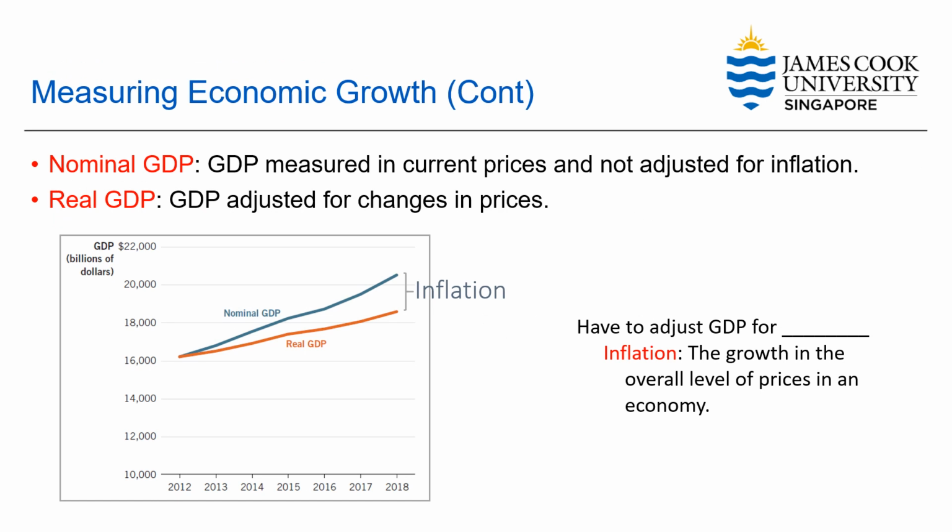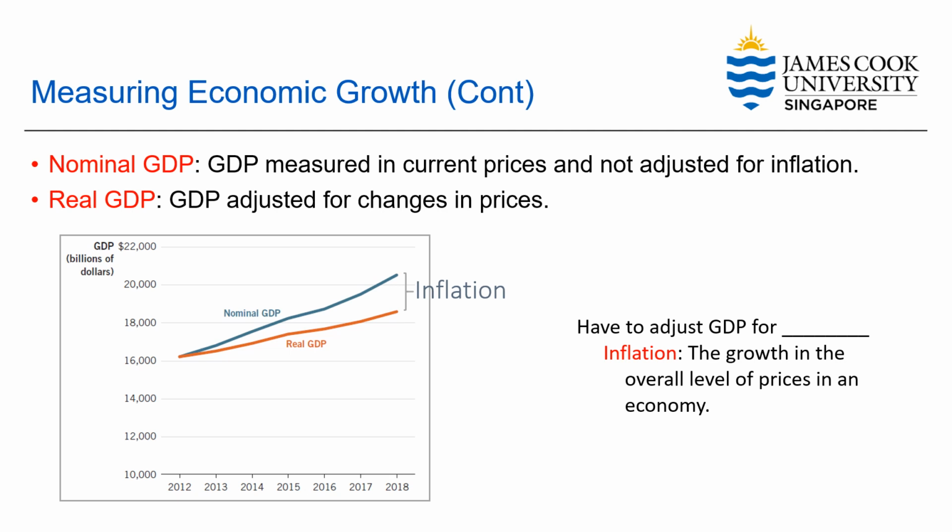Why do we need to highlight we use the real GDP when calculating the economic growth? Because from our previous small session, we found the nominal GDP could be different from the real GDP.